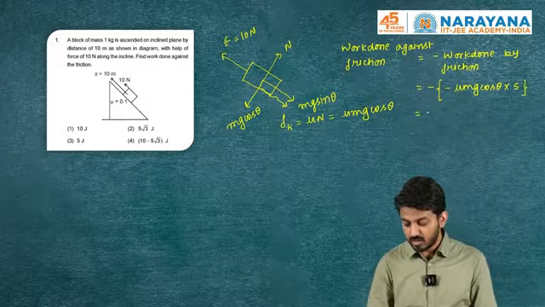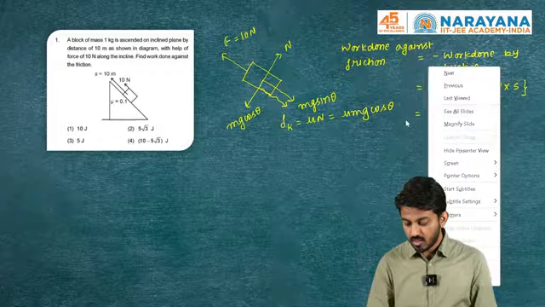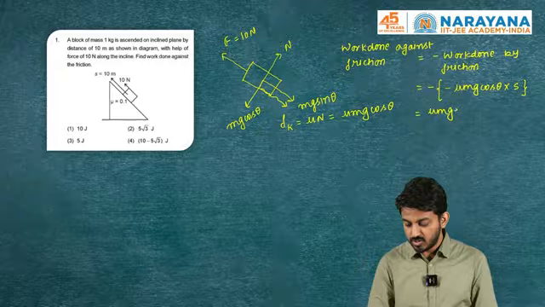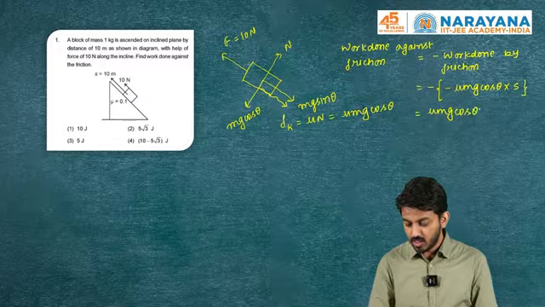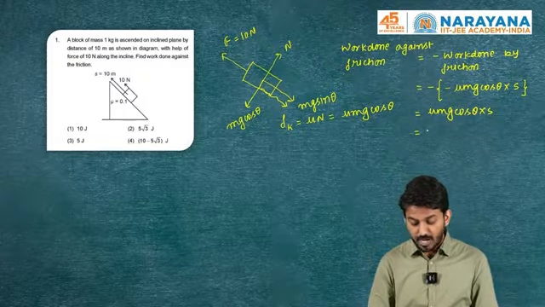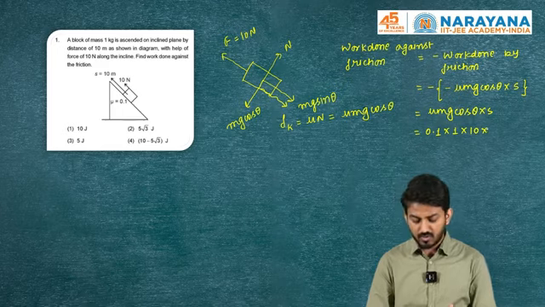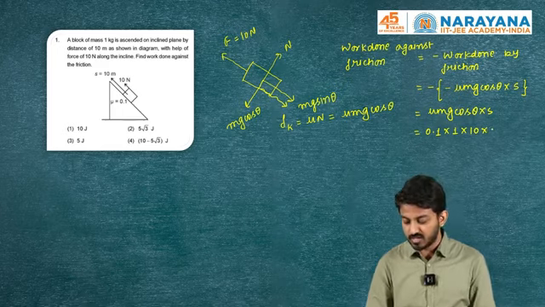So this becomes mu mg cosine theta s. Now value of mu is given to be 0.1, m is given to be 1 kg, g is 10. Now theta is not mentioned here, but looking at the options, we can expect it to be about 60.